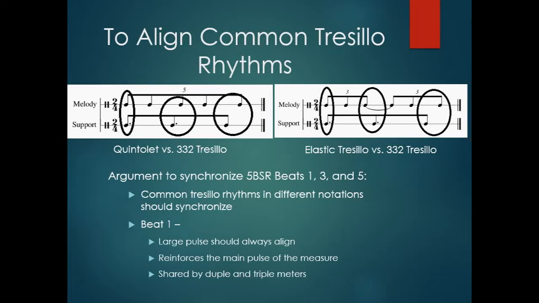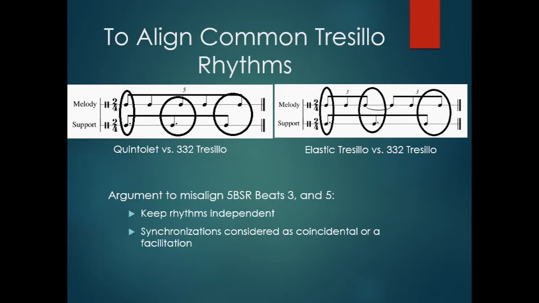With the first beat, I believe that the first beat should always align since this represents the major pulse of the measure, and also duple and triple meters will share the first beat of the measure. So I believe that the first beat should always synchronize. Now, a reason that you may want to misalign the 3rd and the 5th notes is perhaps you want to keep the rhythms independent.